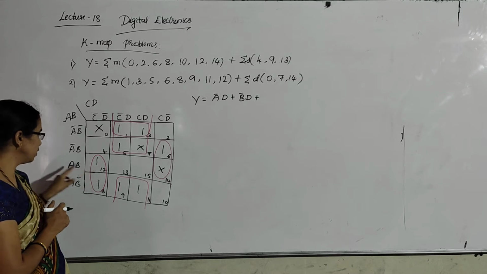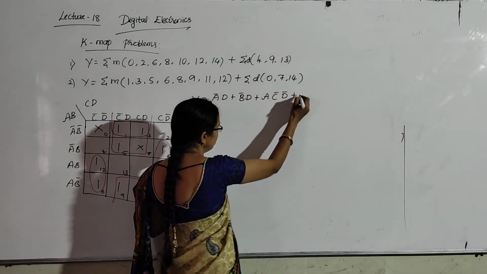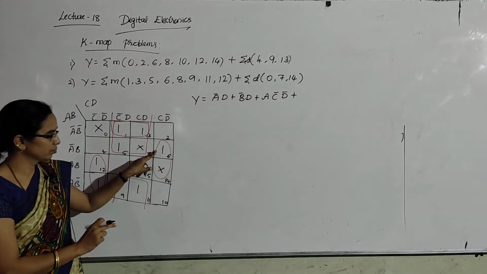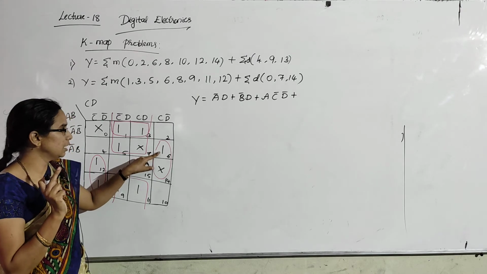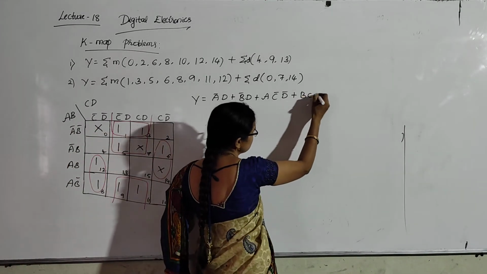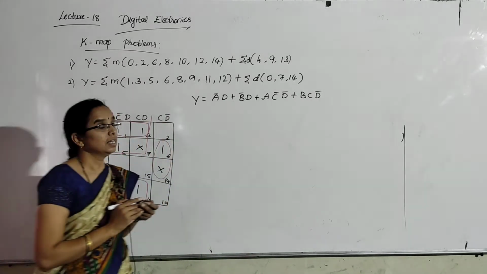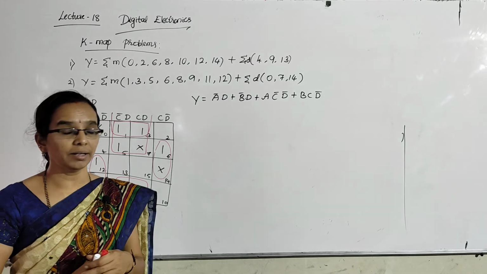Here C bar D bar and A is common, so A C bar D bar plus, for this pair, one which eliminates only one variable, here C D bar is common and B is common, so B C D bar. This will be our simplified Boolean expression.